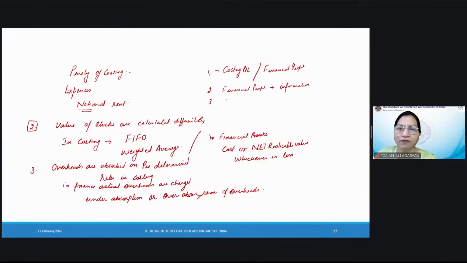Third, only information is given and you prepare the financial profits, you also calculate the costing profits, and then you reconcile. So when financial profits and information is given, it can also be costing profits and information is given, prepare the financial profits first. So best will be this for you if this is given. This is absolutely not a problem because any error will be detected there and then.